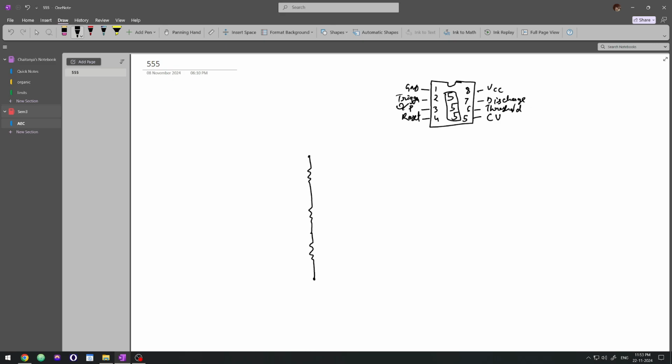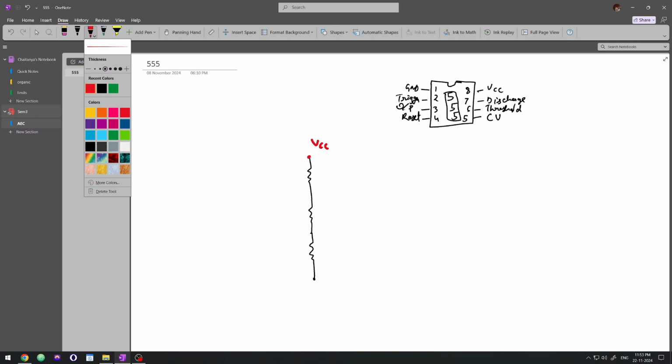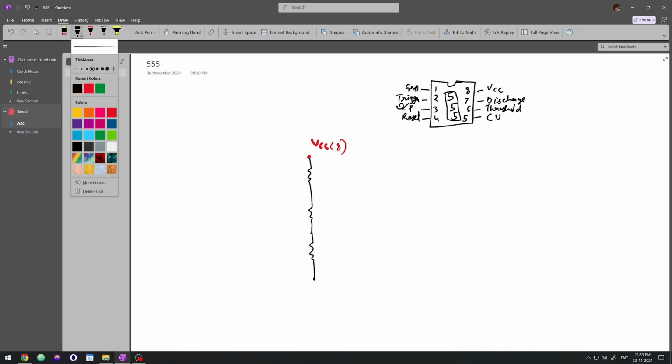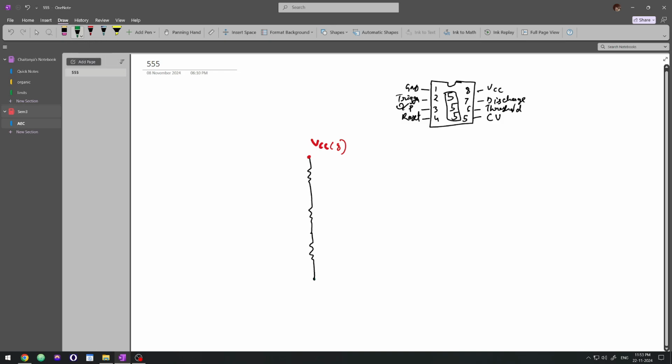So here at the top you can mark this as VCC, which is pin number 8. And down here, let's take a different color. This is the ground, which is pin number 1.